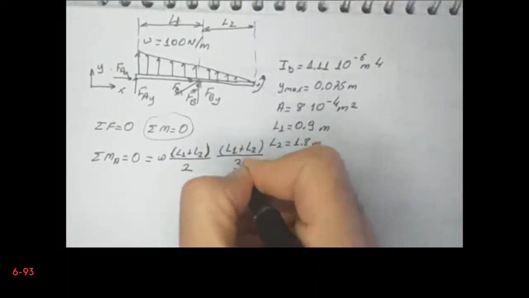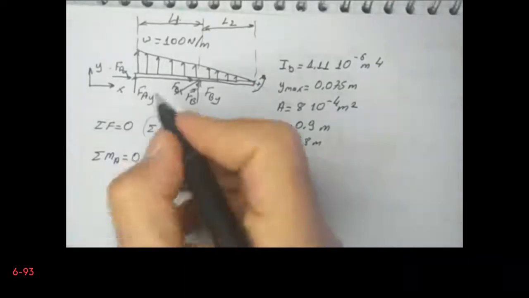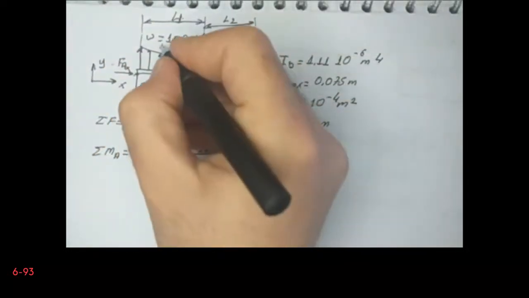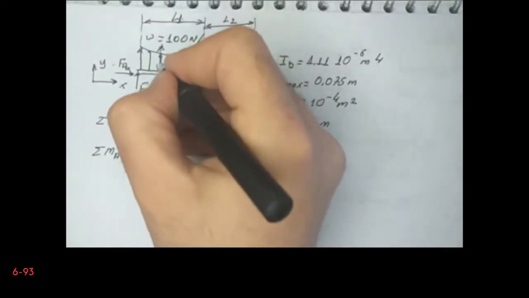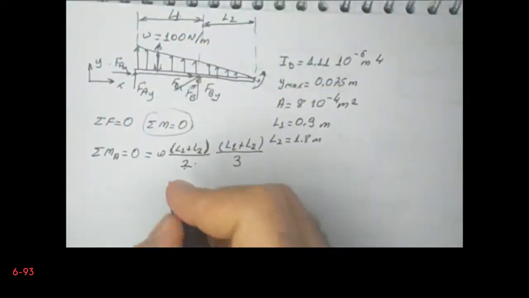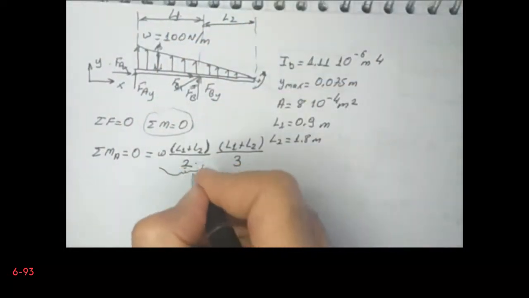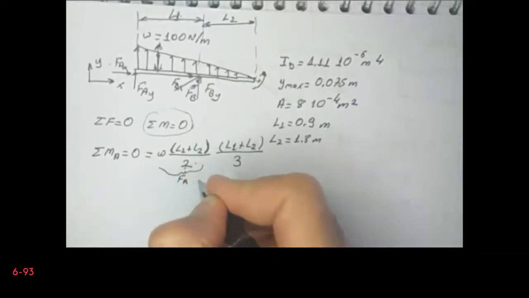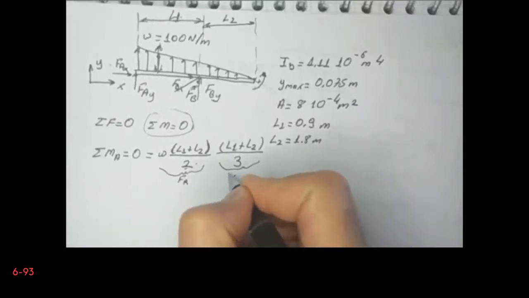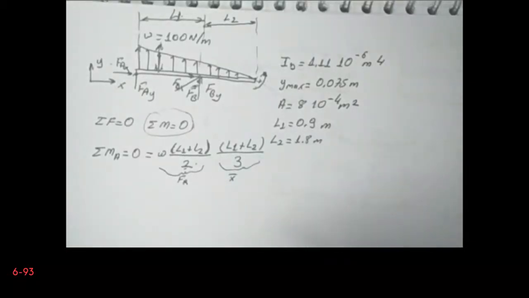So this is the moment arm. The resultant force is somewhere here, sorry, in this direction. So this is the resultant force, Fr, and this is the moment arm. Let's say that X bar. Okay, this is the moment generated by this distributed load.